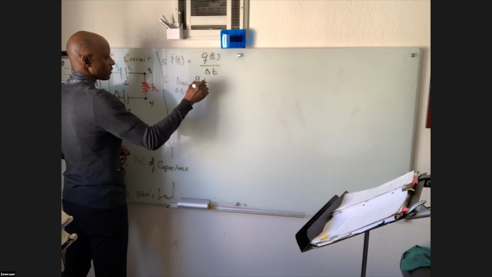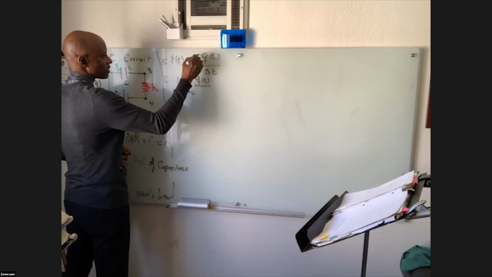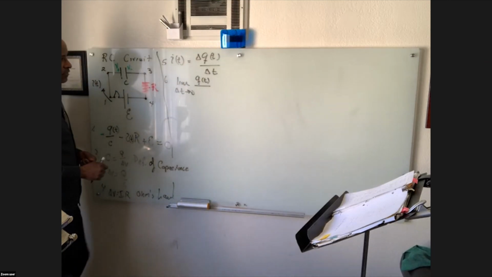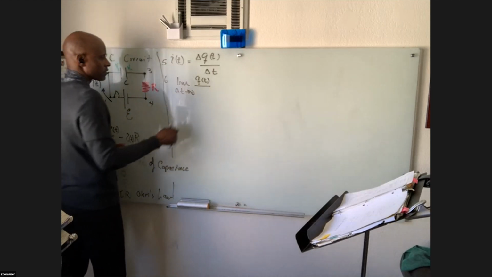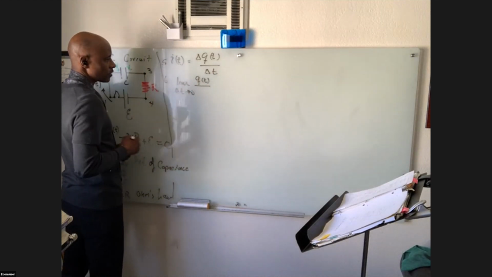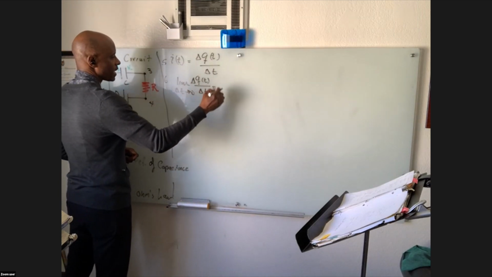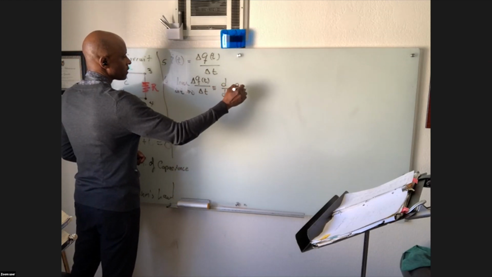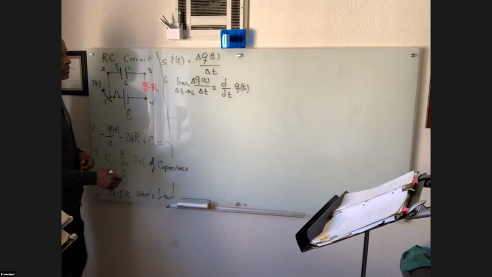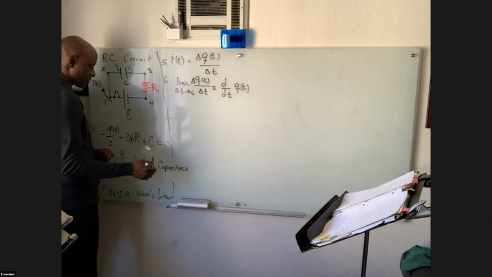Remember, this is really a delta Q as well, because of how we defined current: a certain amount of charge going through a cross-sectional area in a certain amount of time. If we take the limit of that, what we actually have is the definition of a derivative from calculus. So we can replace I with the first derivative with respect to time of Q.